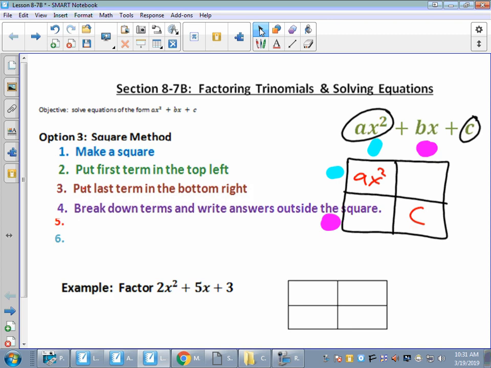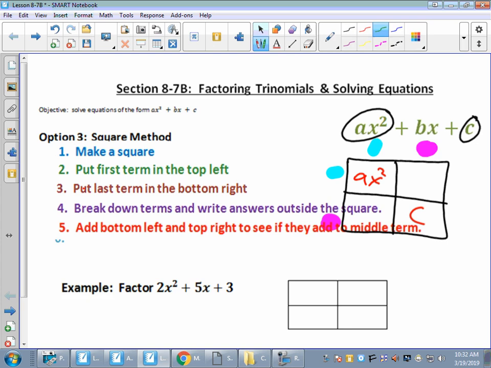And then the next step would be to add the bottom left and top right to see if they add to the middle term. Once we've figured out what the best factors are, we're going to put them in the bottom left and top right, and they have to add up to b times x.